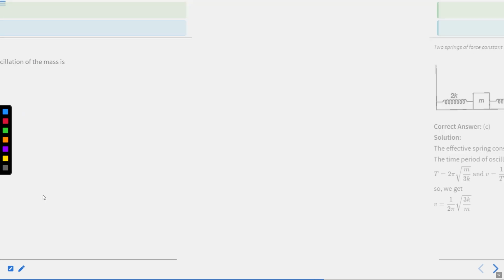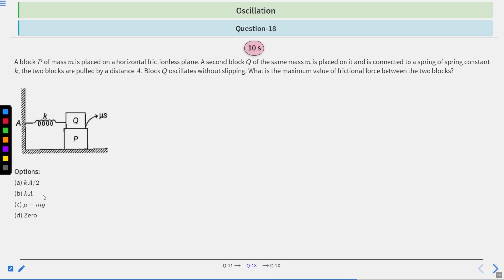Next question, question 18. A block P of mass M is placed on a horizontal frictionless plane.